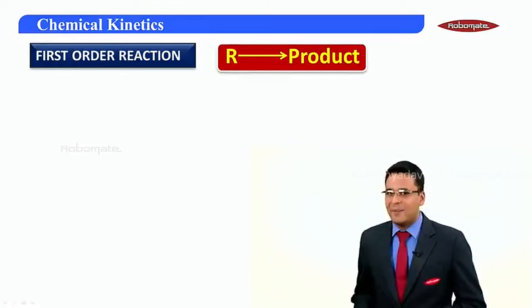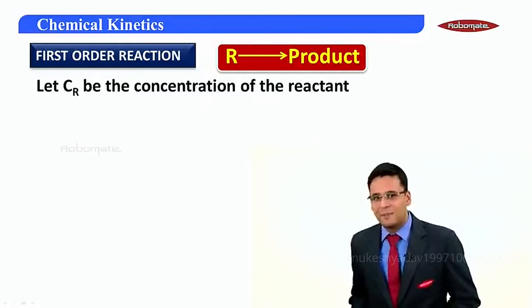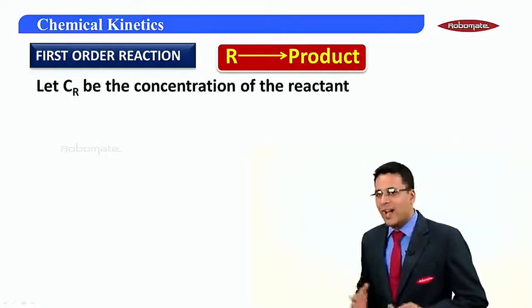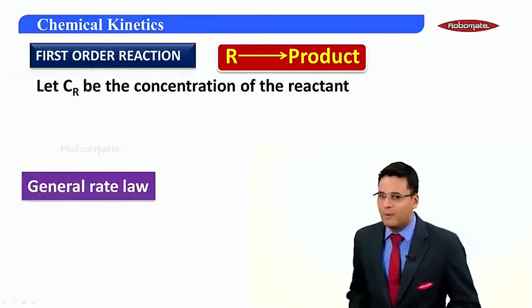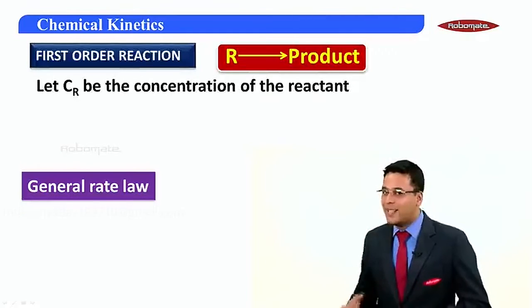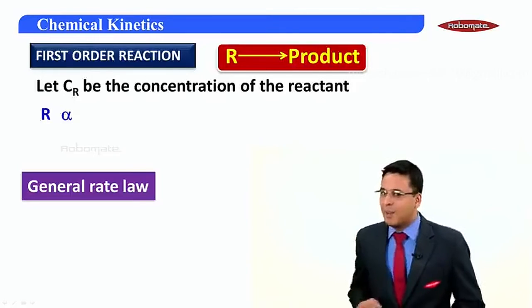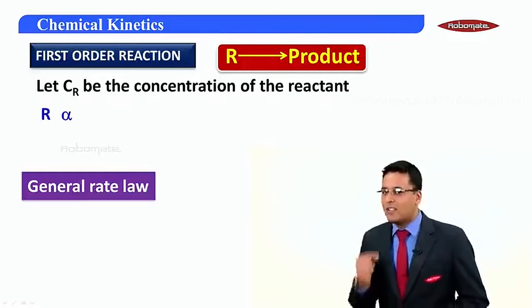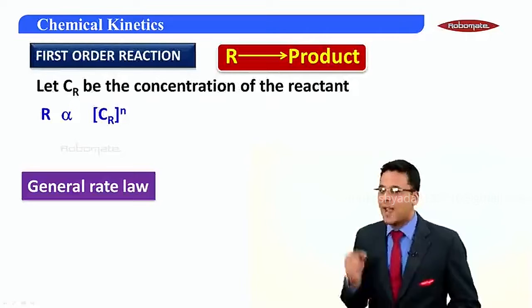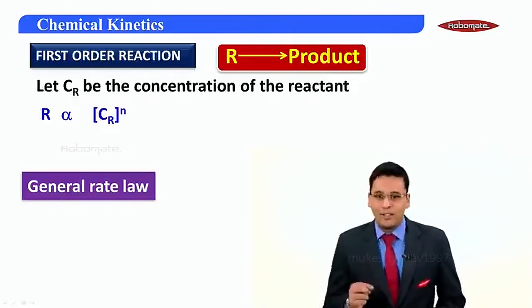Now let us say Cr is the concentration of the reactants. To write the general rate law, that is the rate law expression, we can say rate, that is R, is directly proportional to the concentration of the reactant raised to n, where n is the order of the reaction.